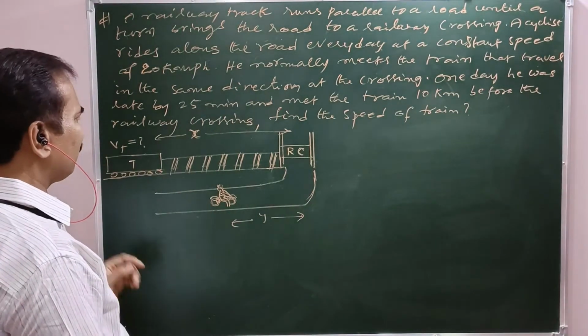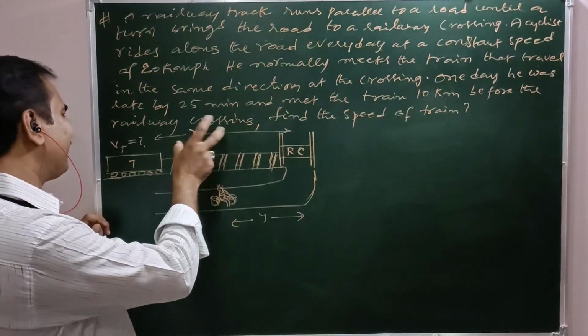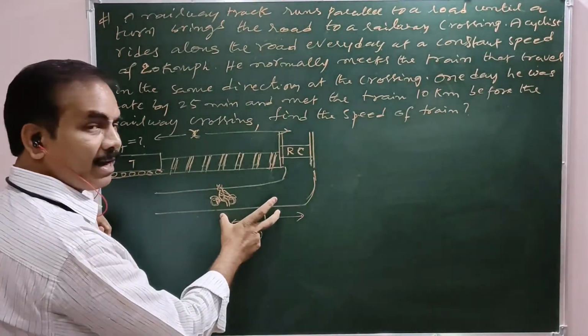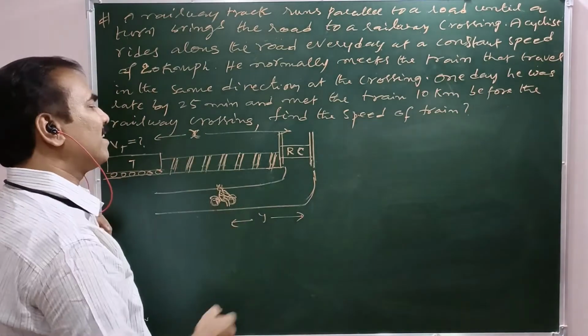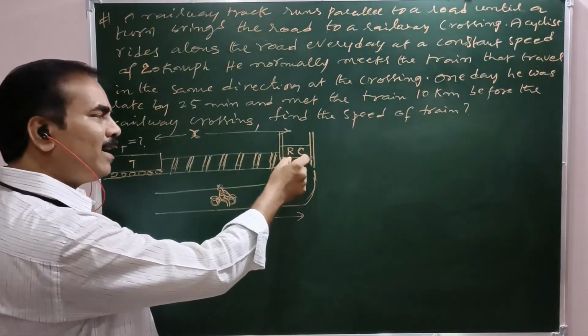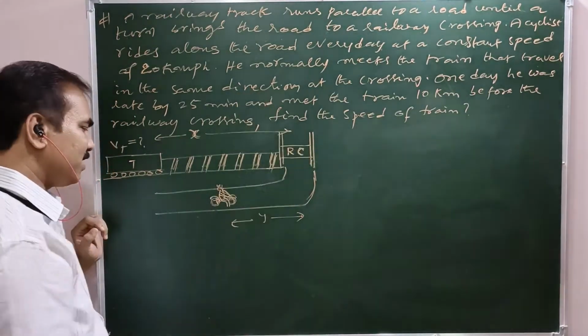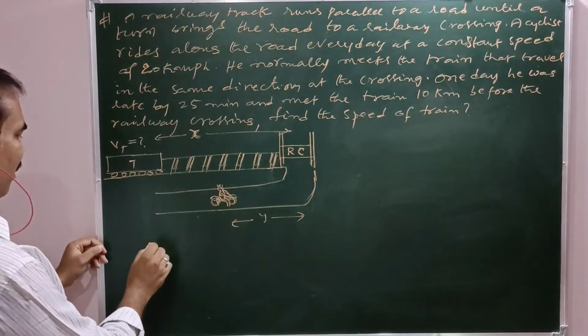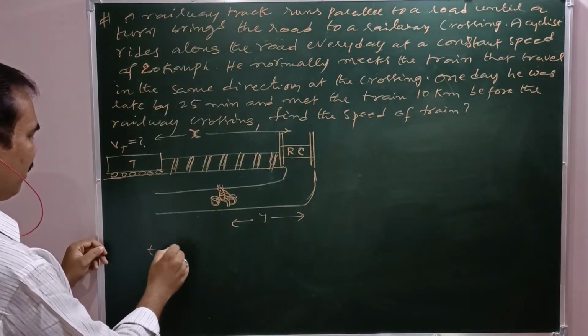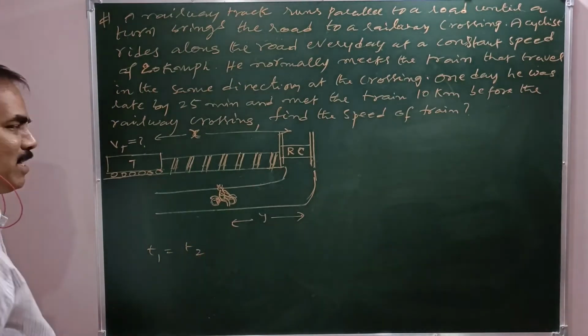The time taken to cover a distance of x by the train is equal to the time taken to cover a distance of y by the cyclist when meeting at the railway crossing. So T1 equal to T2.